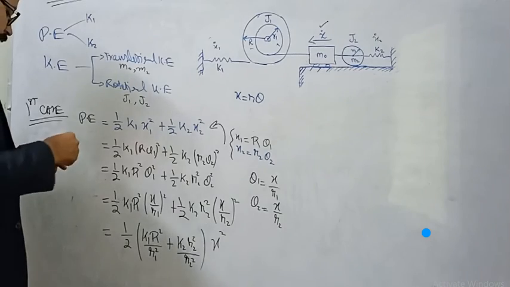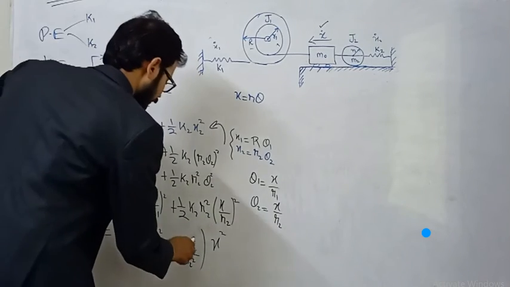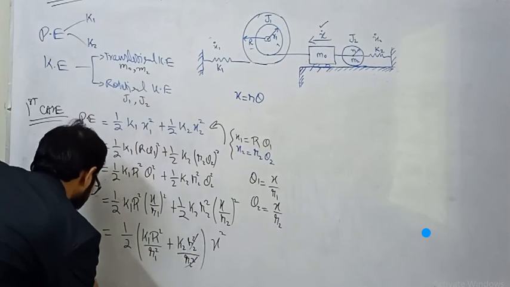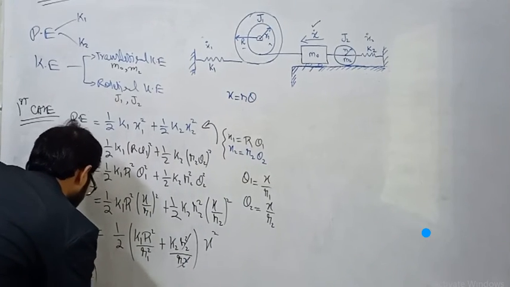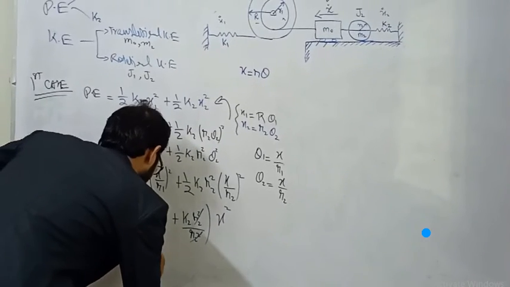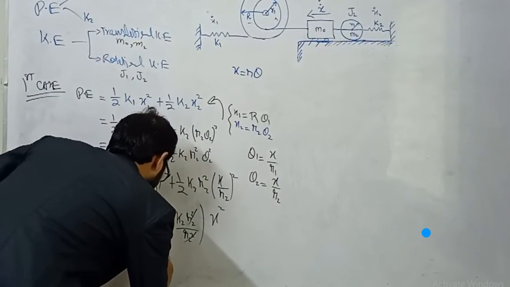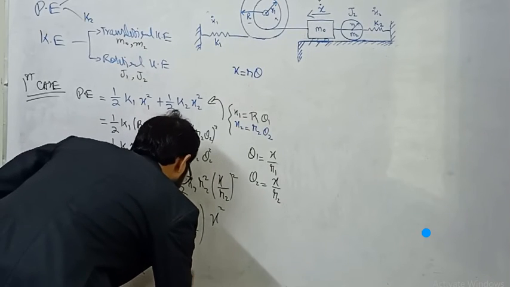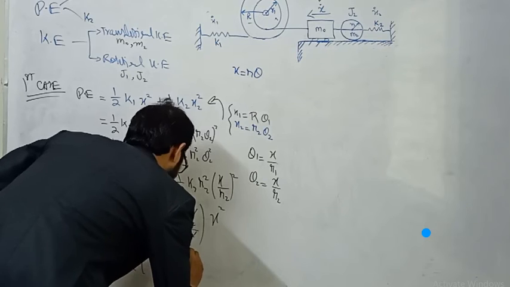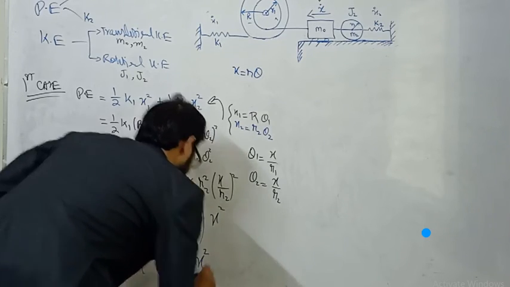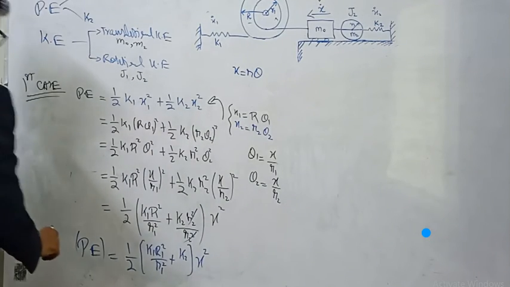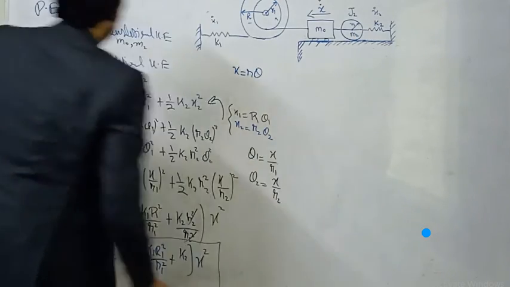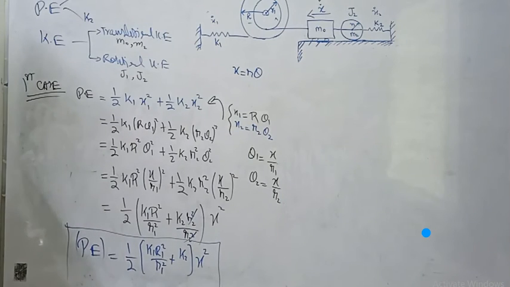So this will be x square, and we can cancel these both radius with each other, and finally we have the potential energy of this system equal to half k1 R square over small r1 square plus k2, that is x square. So this is the potential energy that is associated with both of the stiffness elements.